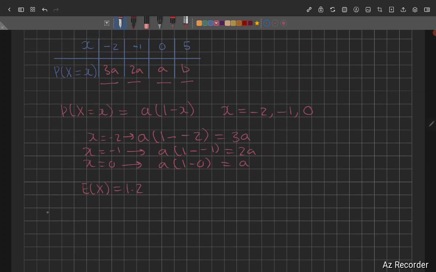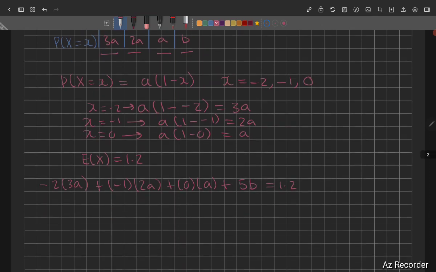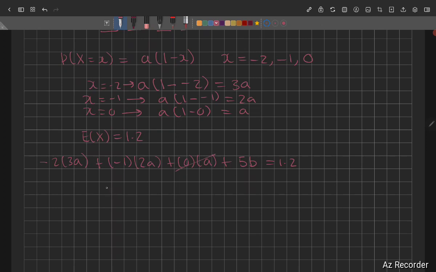So we use our formula to calculate E(x) and equate that to 1.2: x times the probability of x, add x times the probability of x, add x times the probability of x, add x times the probability of x is equal to 1.2. And this will be -8a + 5b = 1.2.